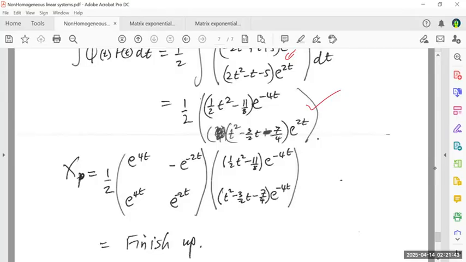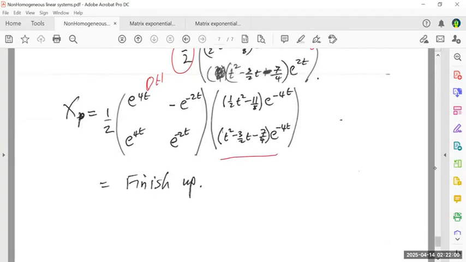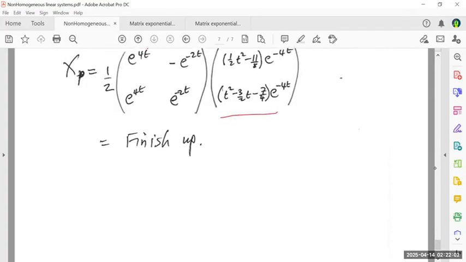After that, I can multiply. I kept the half out because I didn't want it to mess with what is inside. So I multiply half times phi of t times the result from the integral to give me xp.